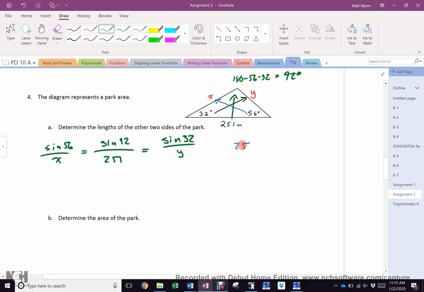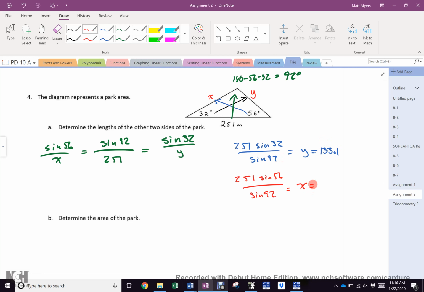So 251 sine 32 divided by sine 92 equals y, and 251 sine 56 divided by sine 92 equals x. Y equals 133.11. X equals 208.2.